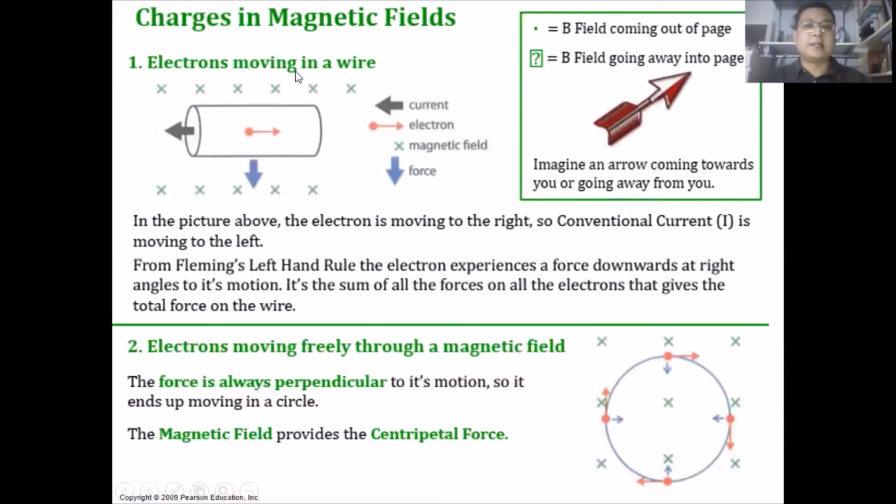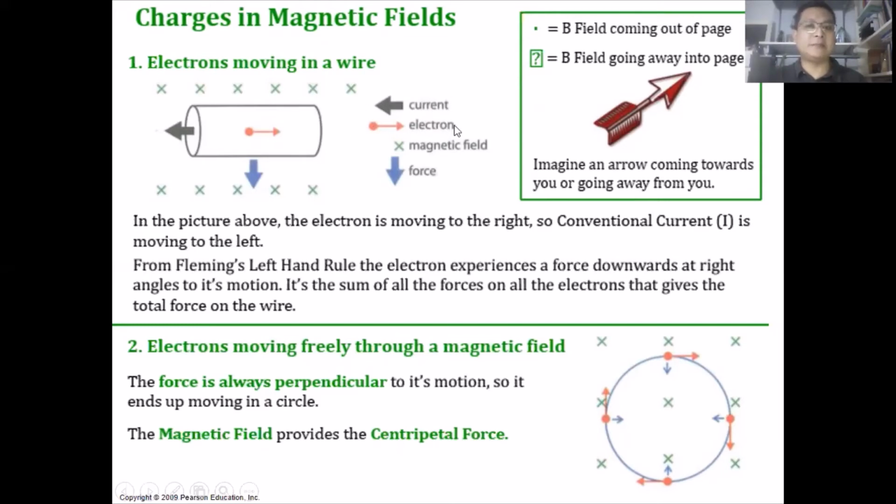Okay, now we can see the charge moving in the magnetic field in the wire. If we consider positive on the left side and negative on the right side, the current goes from the left to the right, and the electron goes the opposite way.